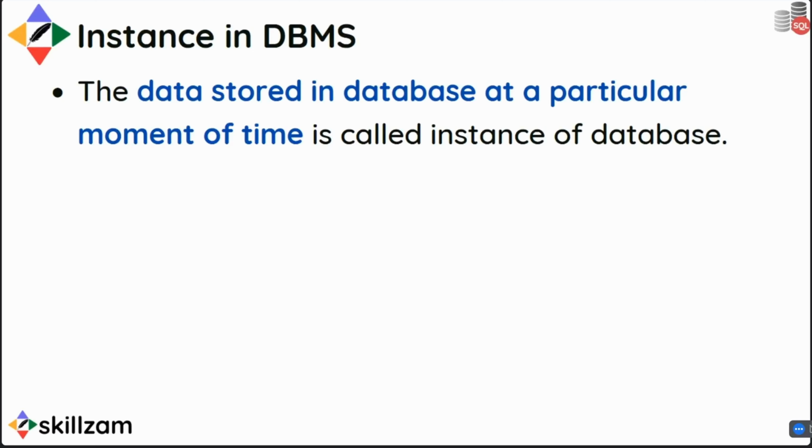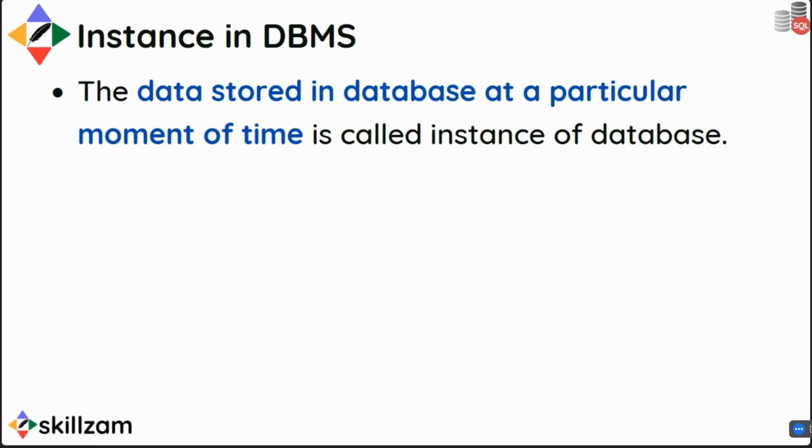With this in mind, let's take one example. A customer, John Smith, holds an account with a bank called ABC, and on the first of January 2023 at 1 p.m., John Smith has an account balance of $4,000. But just a day later, it might turn to $4,100 because he has deposited $100.